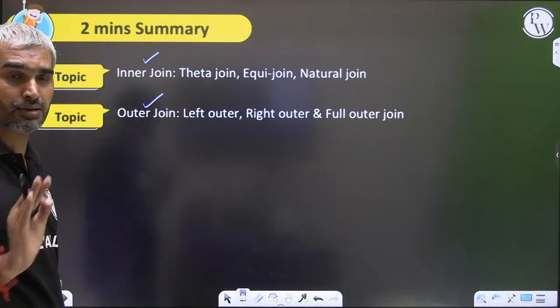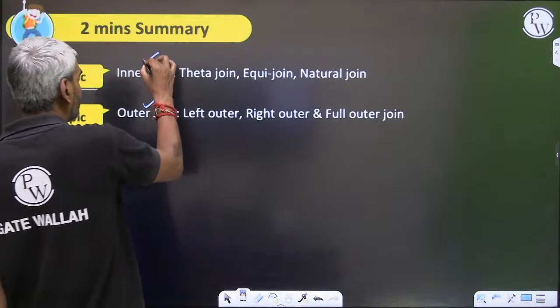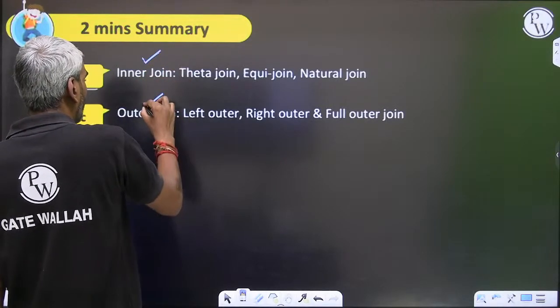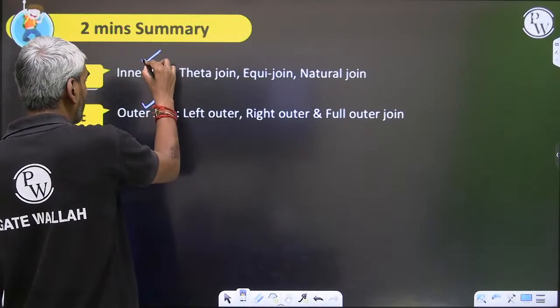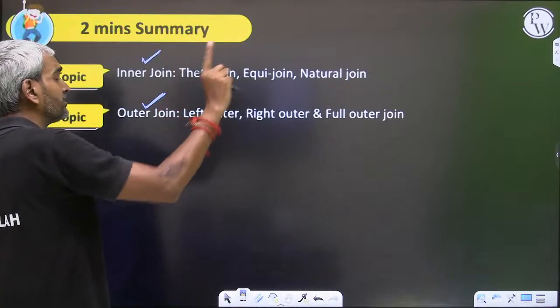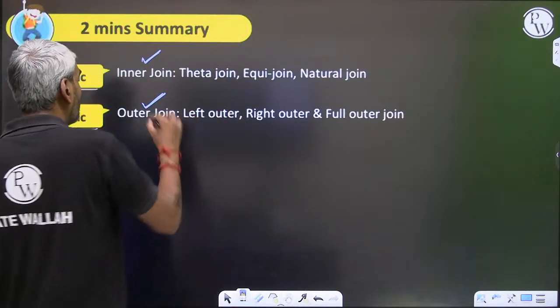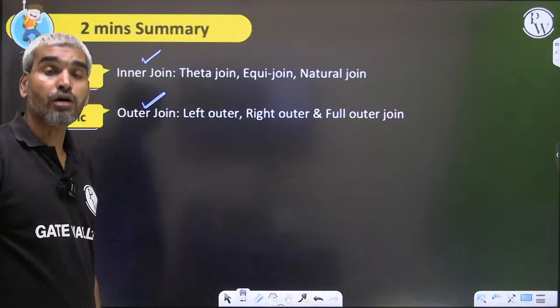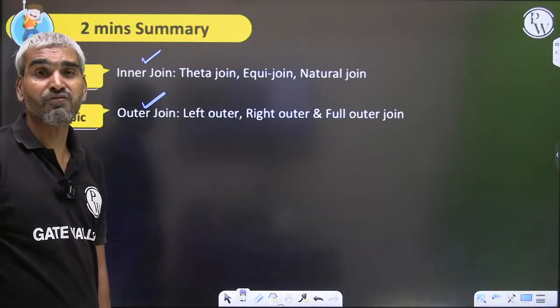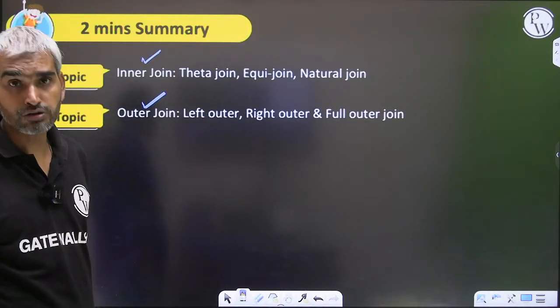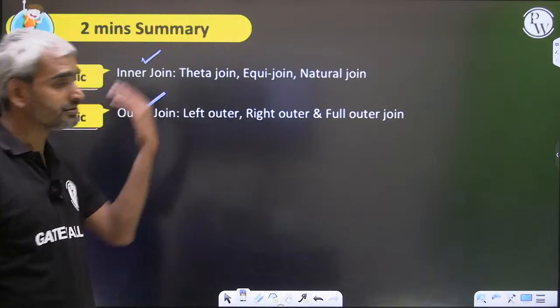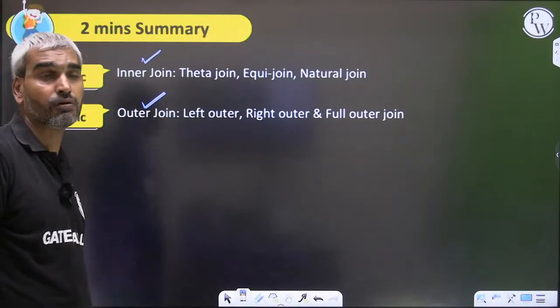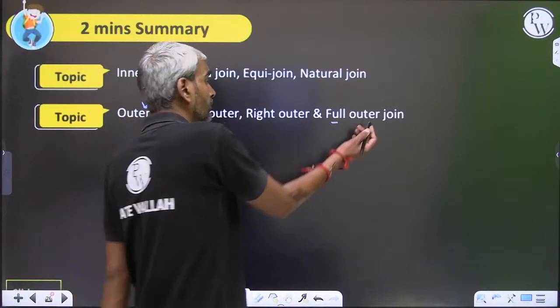In inner join, only the tuples that satisfy the matching criteria will be present in the output. In the outer join, along with the tuples that satisfy the matching criteria, the tuples that have failed the matching criteria will also be present, either from the left hand side relation, the right hand side relation, or both if it is a full outer join.